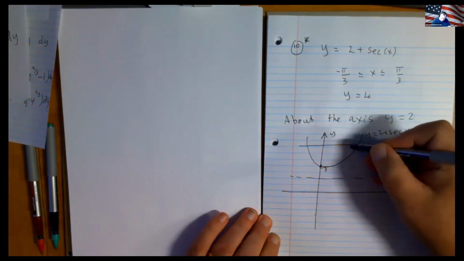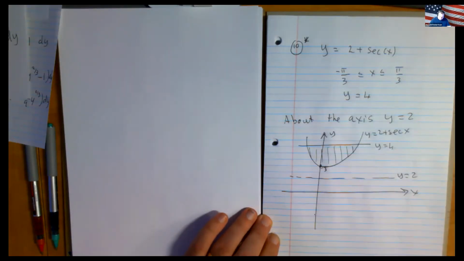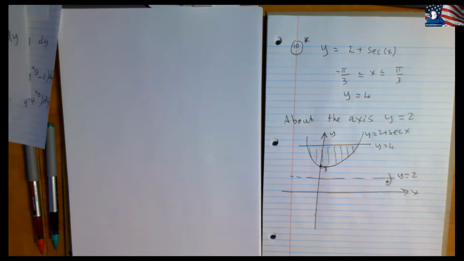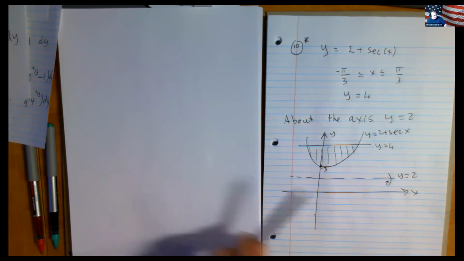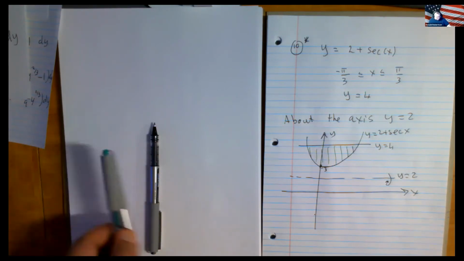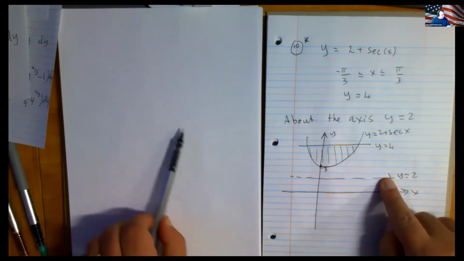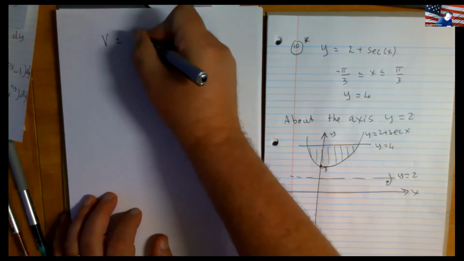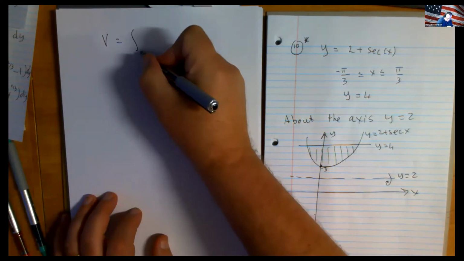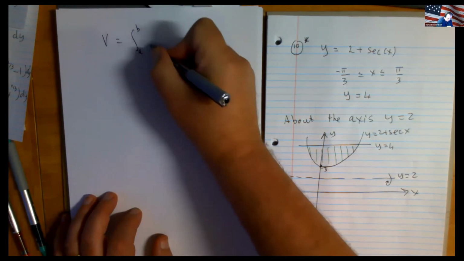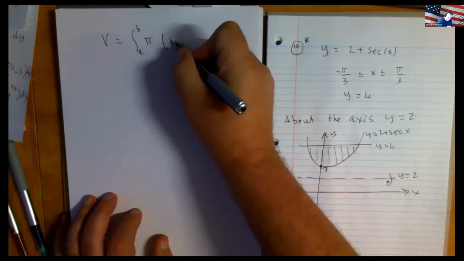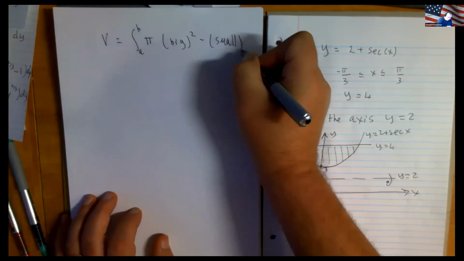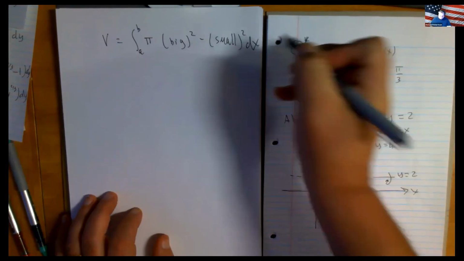We are trying to find that region rotated about that line. Great. Now, this guy is parallel to the x-axis. So our volume formula is going to be the value of x from A to B, pi, big guy squared, small guy squared, dx.